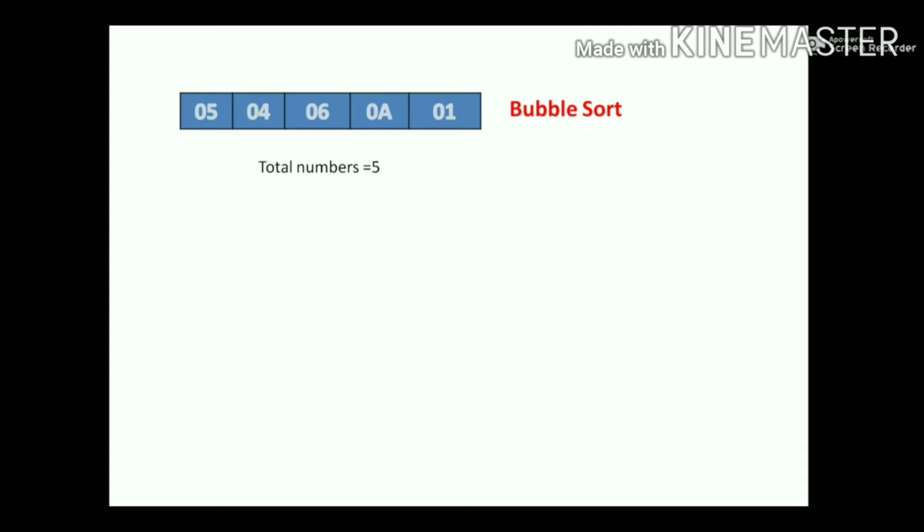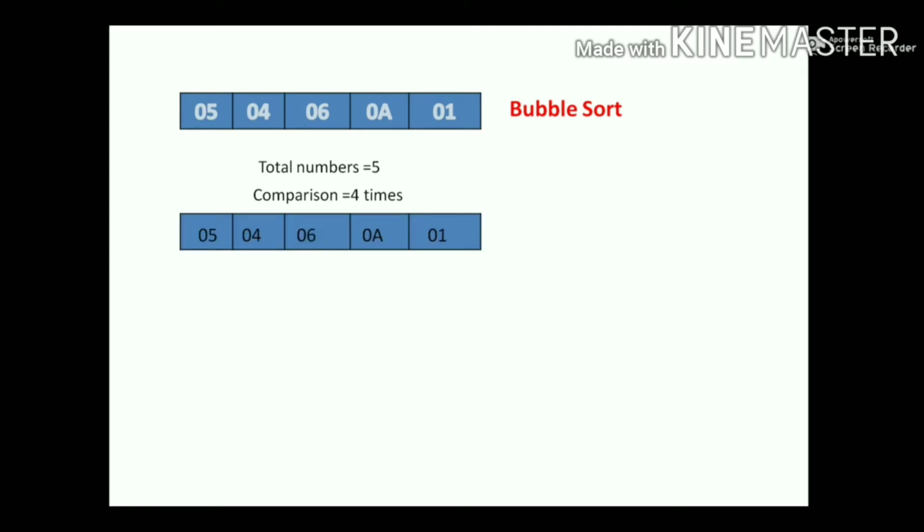Now here the total number of data is 5 and we are going to compare 4 times. Why? Because we are taking a pair of data, right? So number of comparisons are 4. Now first we will take 05 and 04, the data from the first two memory locations.